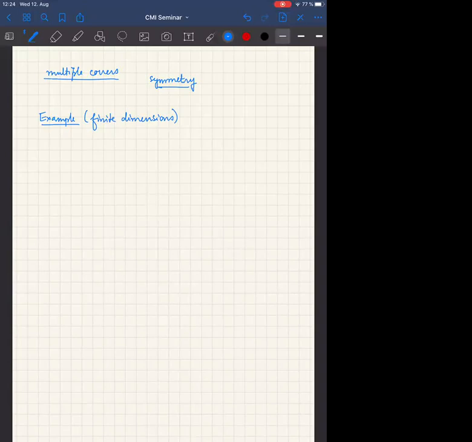Okay, so let me go ahead with the example in finite dimensions. Suppose you have a smooth map from R2 to R2, and suppose it is Z2 equivariant.